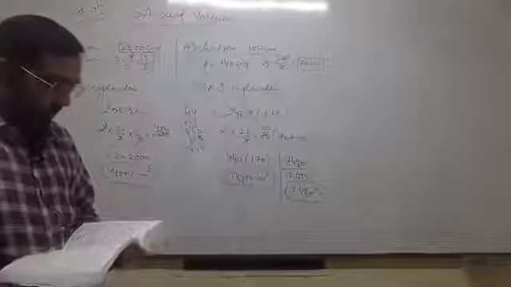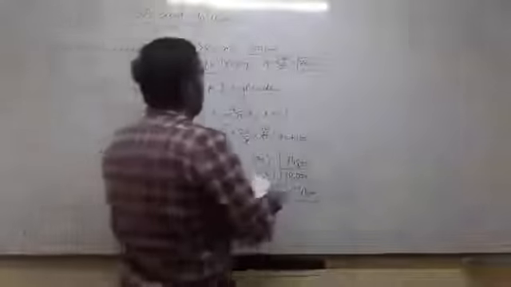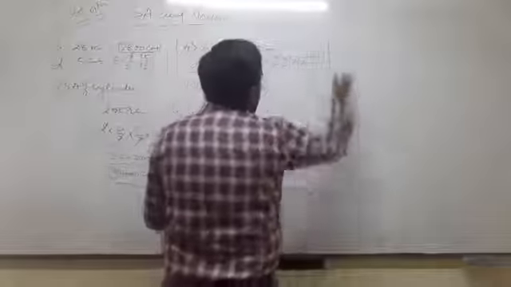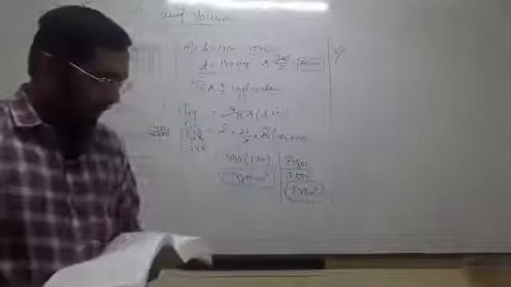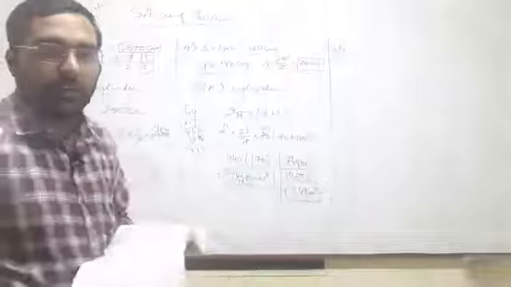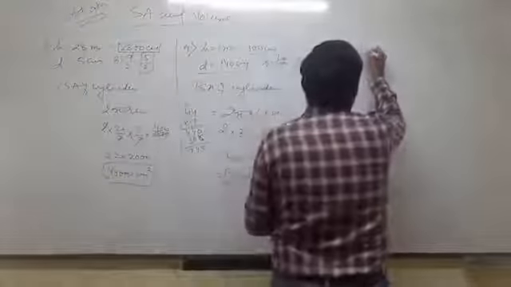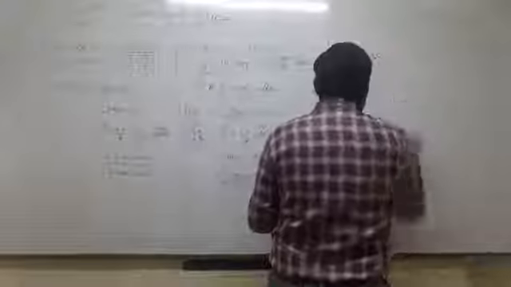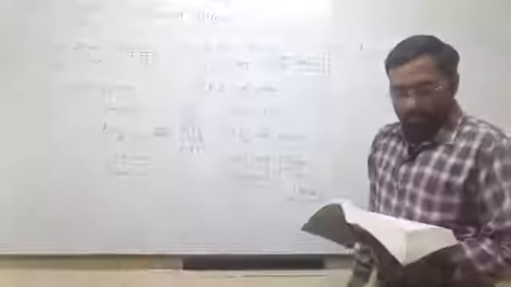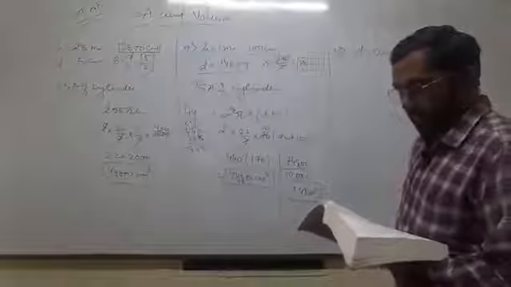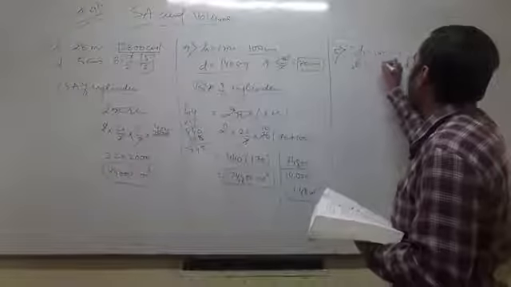Okay, and the last question we have to move to for today's session is: a cylindrical pillar is 50 centimeter in diameter and 3.5 meter in height.